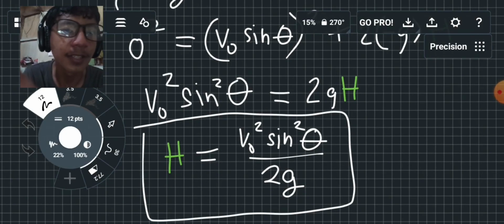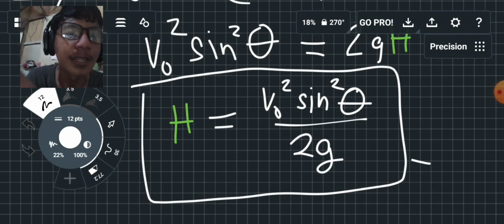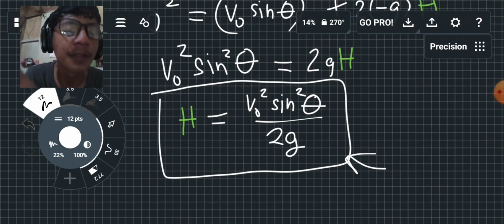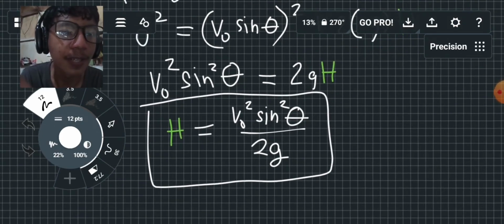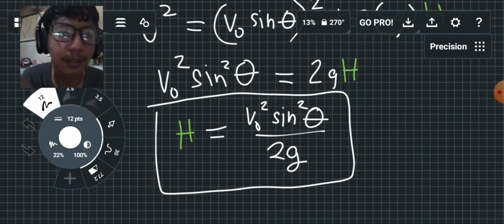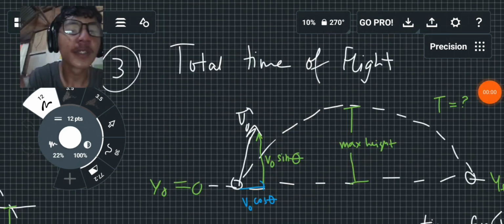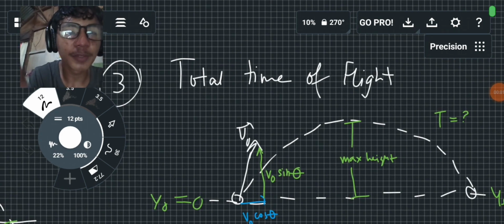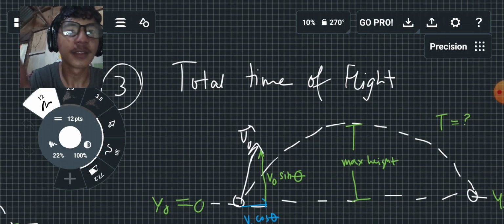And then dividing both sides by 2g, we get the maximum height, which is v naught square sine square theta over twice the acceleration due to gravity. Okay, so that's it. And now we will be looking at the total time of flight.